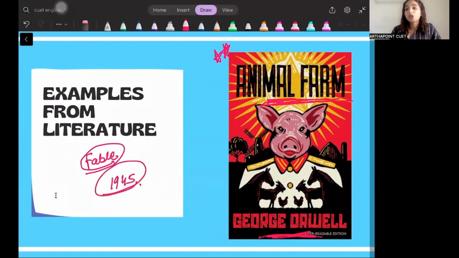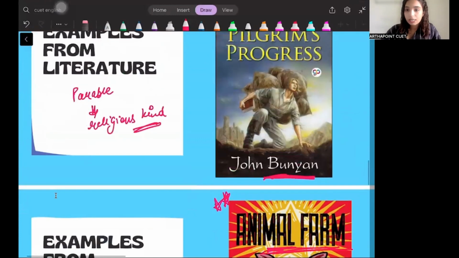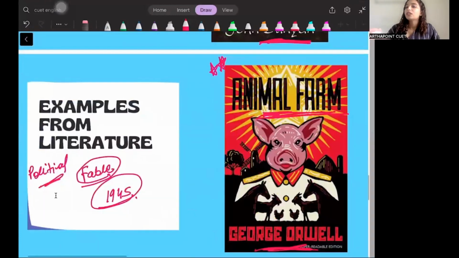This is one of George Orwell's finest works, and this is a political fable. Just as the earlier one was a religious parable, this is a political fable. George Orwell very conveniently uses animals to represent the current situation of politics that was going on in that period.